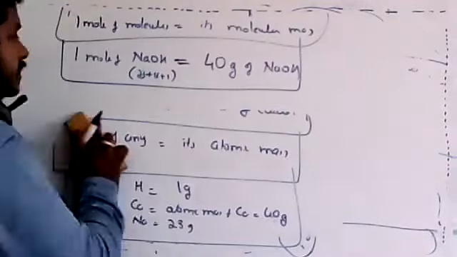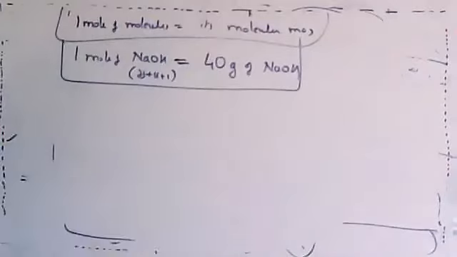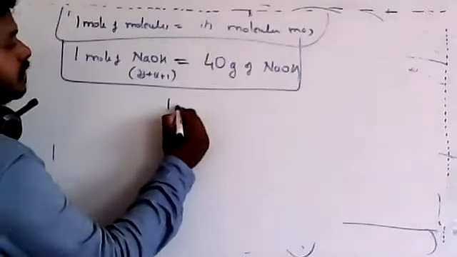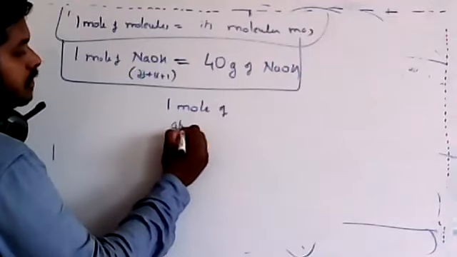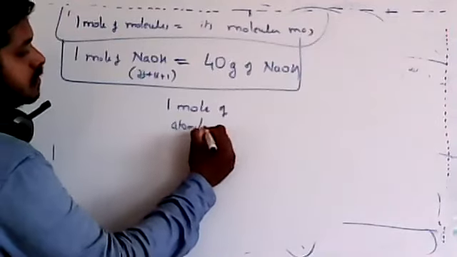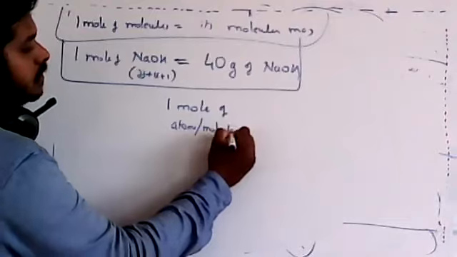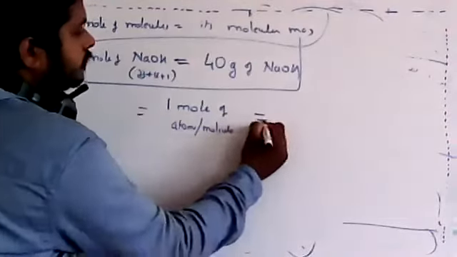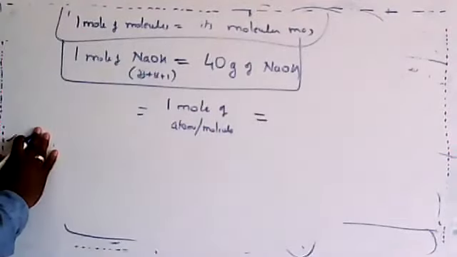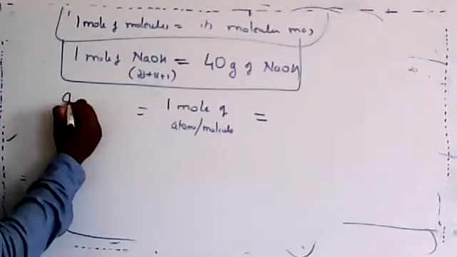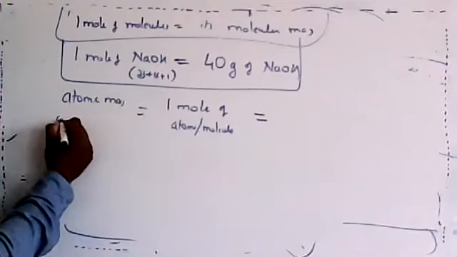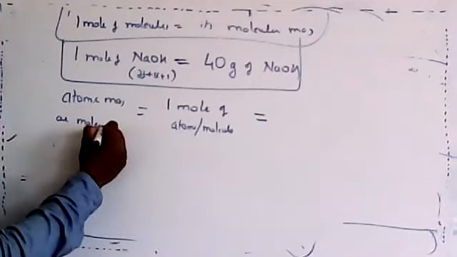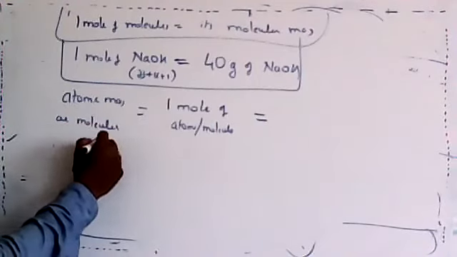So I can generalize in this way. This is very important now: 1 mole of atoms or molecules could be equal to its atomic mass or molecular mass, depending on what is given.